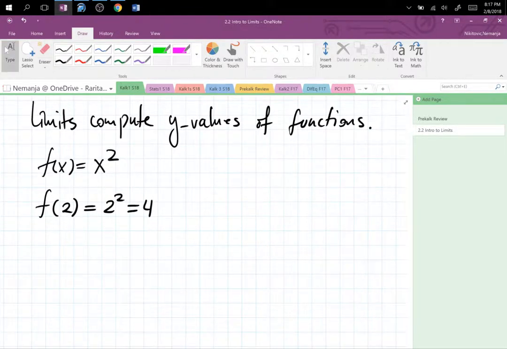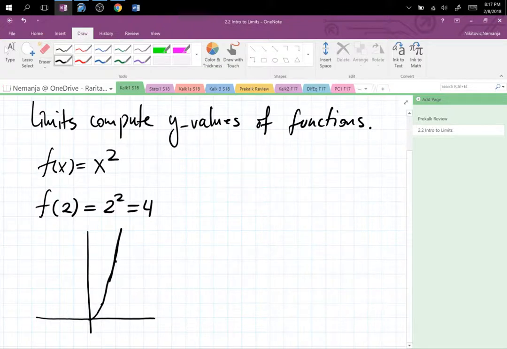The way to show that in pre-calculus on the graph, you will have the graph for x squared. You will go at 2. We will go up until you hit the line and bounce to the y-axis and read that the answer is 4, claiming that this point is (2, 4).